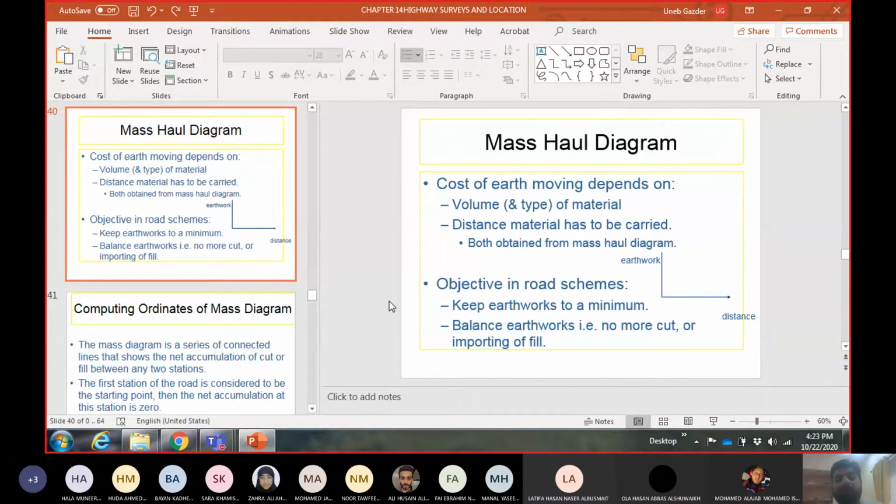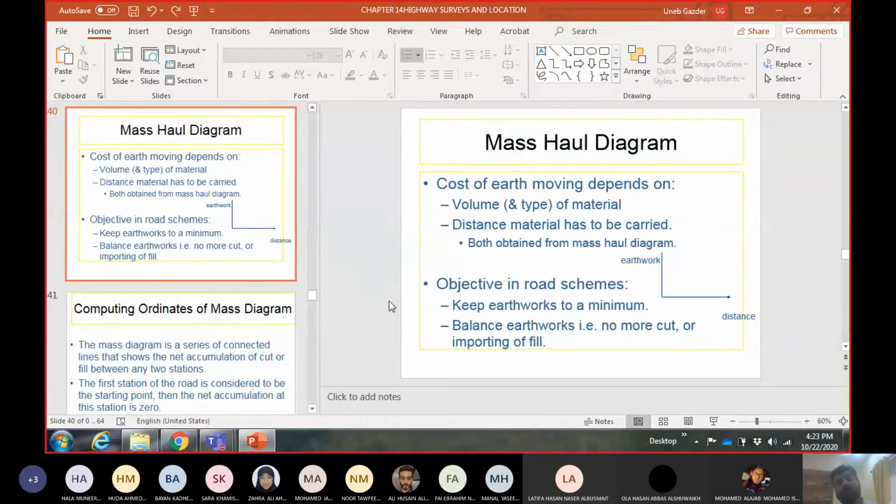All the material which you have cut, you will use in filling. This is complete balance. No extra material should be brought in for filling, and no extra material has to be disposed of from cutting.